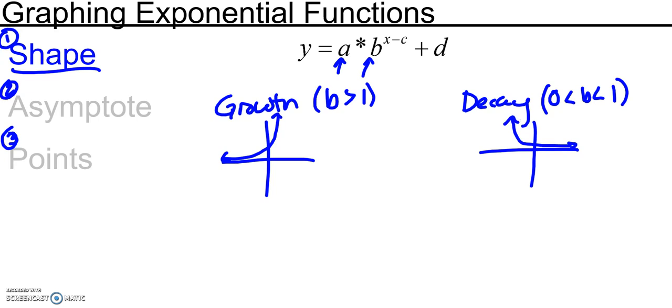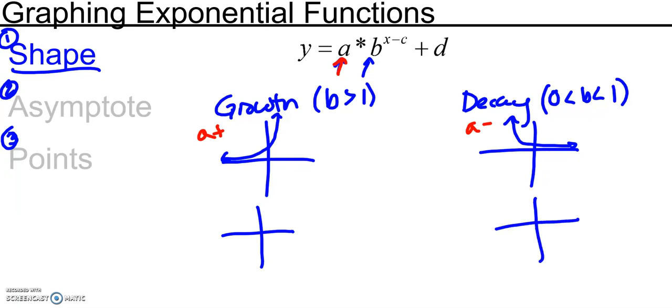If I take those graphs and I now incorporate this a value right here, I can say this is growth, and specifically growth whenever I have a positive leading coefficient. This is decay, and specifically decay when I have a positive leading coefficient. So if I take those, it's always possible that I can reflect them.